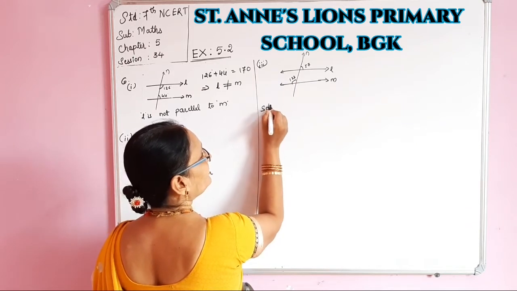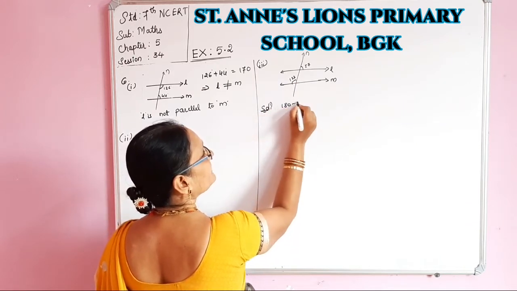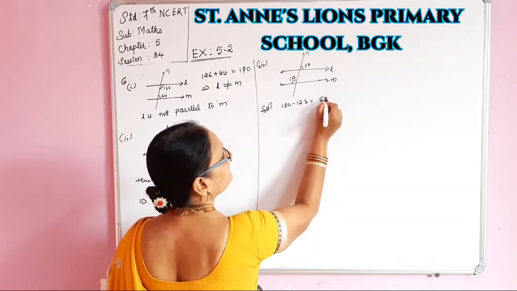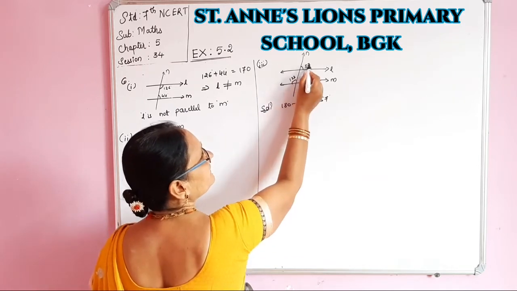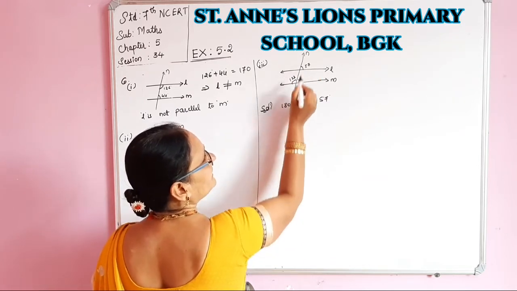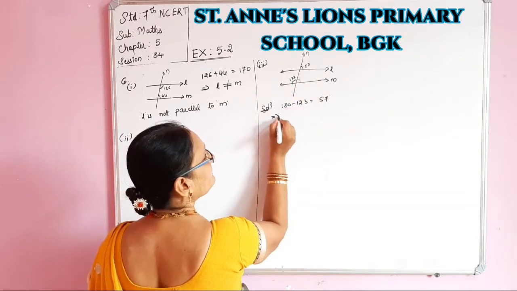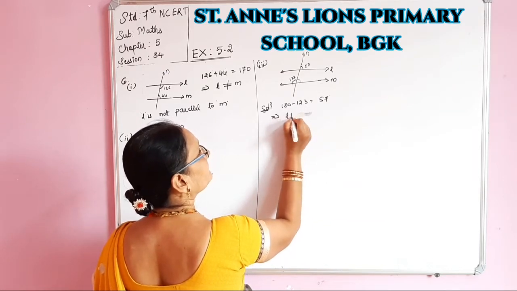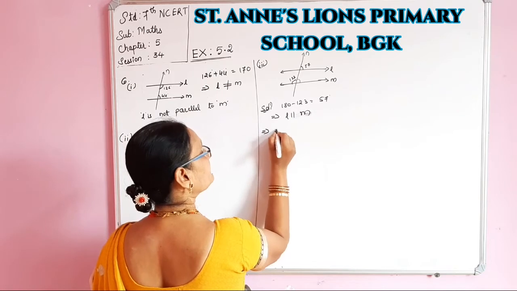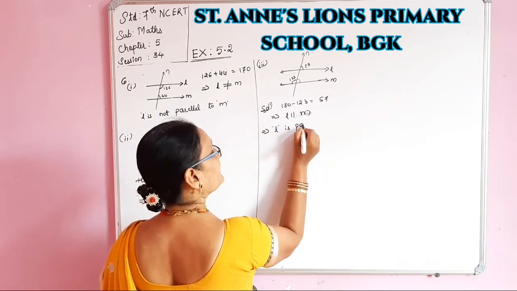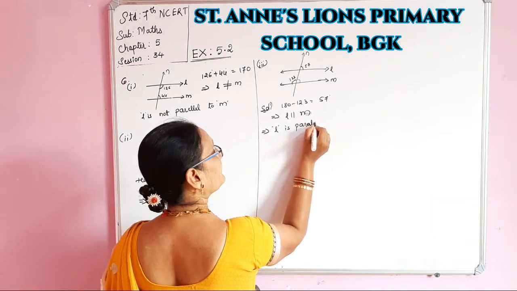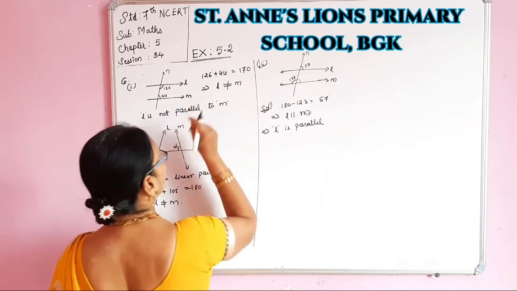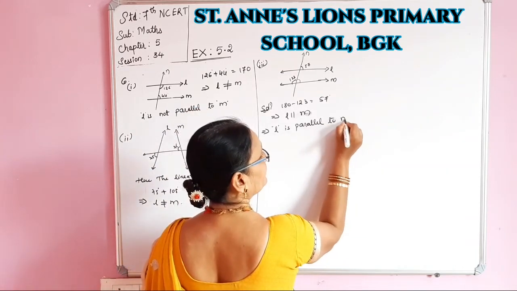So how do we find out whether they are equal? 180 minus 123 is equal to, is it 57? Yes, 57 degrees. So this 57 and these two are equal. If they are equal, automatically this implies that L is parallel to M.